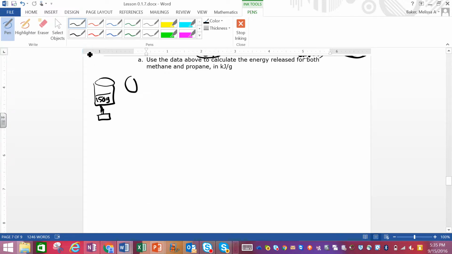So I'm going to figure out the quantity of heat energy gained by the water. So I need to know the mass of the water, and I need to multiply that. It says it wants it in kilojoules per gram, so I'm going to use the joules number. 4.2 joules heat up 1 gram 1 degree Celsius, and change in temperature.